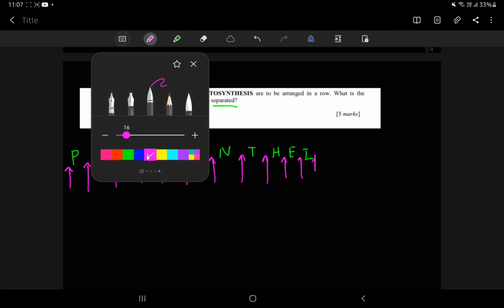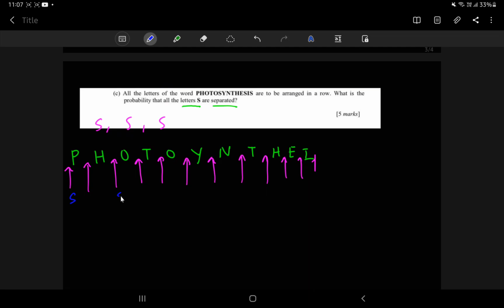When we put S in a gap, the S's are ensured to be separated. There is no possibility that they will be together in this kind of arrangement. So how many places? There are 1, 2, 3, 4, 5, 6, 7, 8, 9, 10, 11, 12 places that we can put these 3 S's.